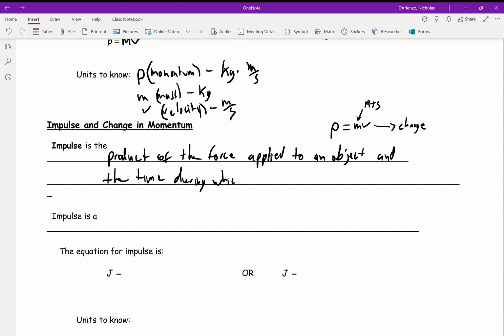So the time during which the force acts. And we'll represent this with a capital J.